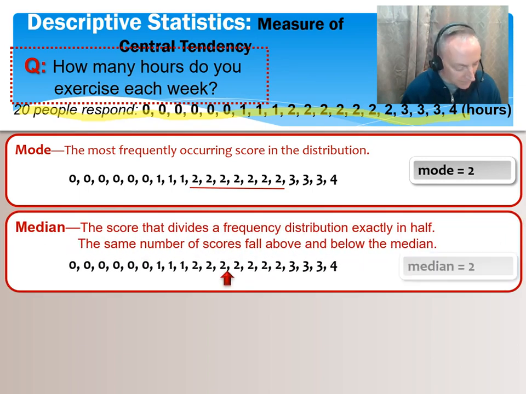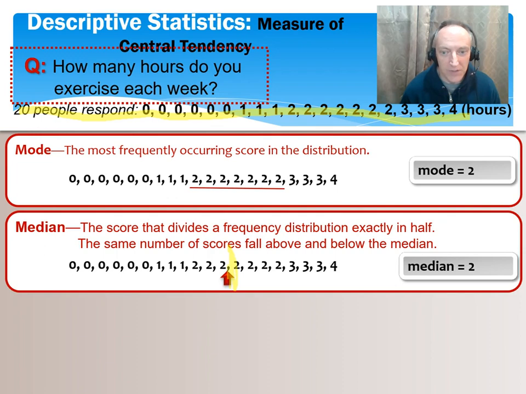The median is what number is right in the middle. So we have 20 participants here. We look for where our middle is, and it would be right there. 2 plus 2 equals 4, divided by 2 is 2.